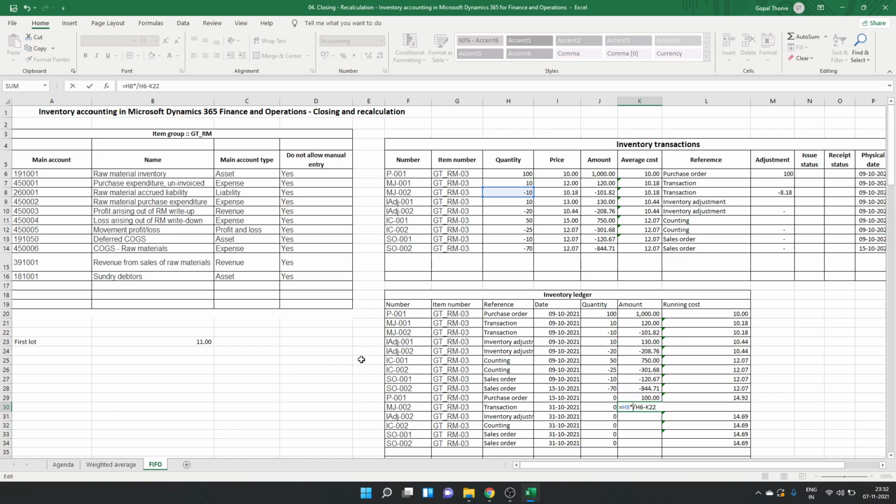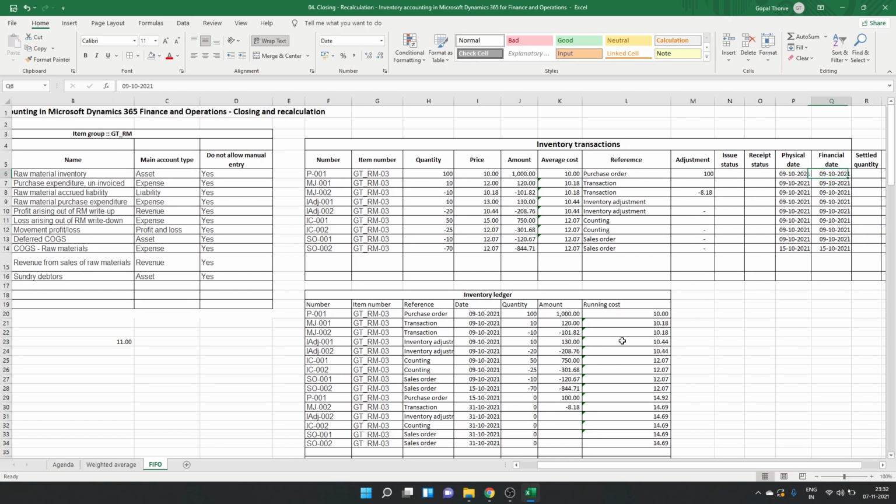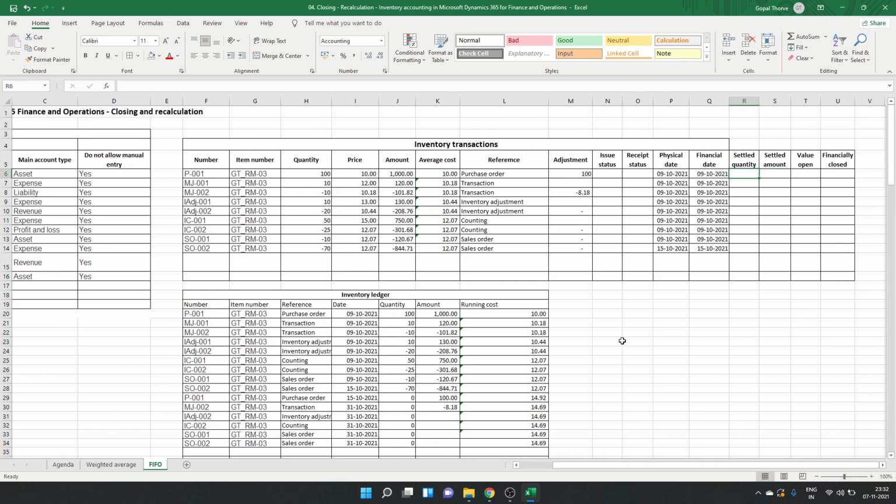I'll remove this also, and take this as a cost at 0.18. So now from this 100 quantity, the settlement has happened for 10 quantity. And here the settlement has happened for minus 10 quantity. For this issue transaction, value open is no, because it is fully settled.